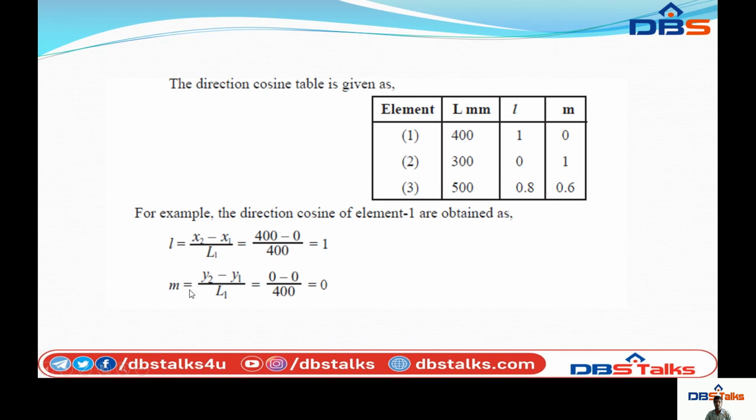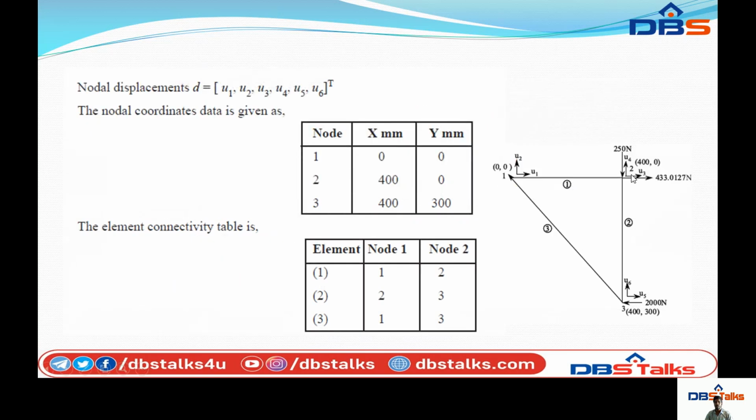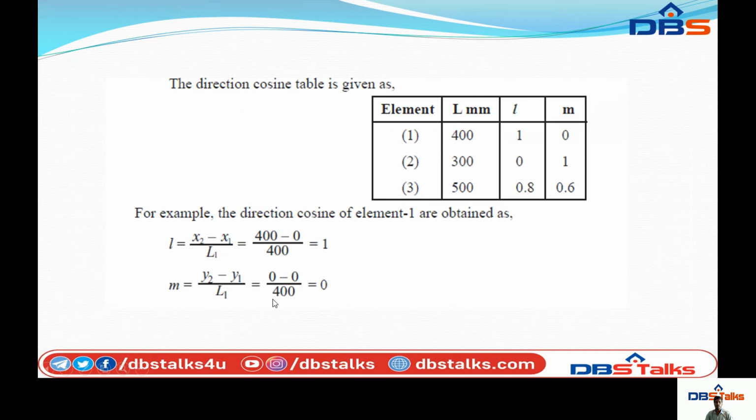Then for M, equal to y2 minus y1 by the total length L1, y2 is 0 minus 0 divided by 400, which gives 0. So I have calculated the values of L and M: L is 1 and M is 0.